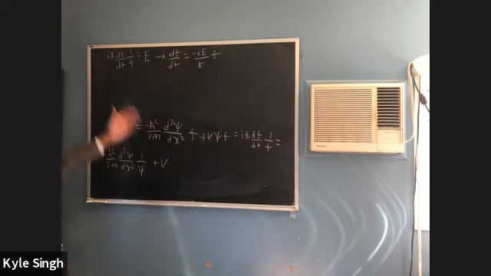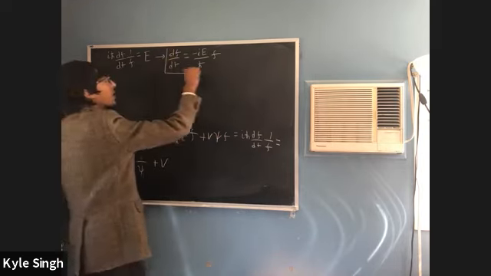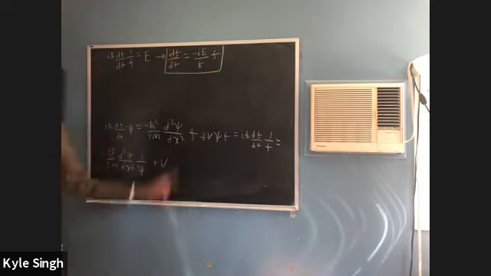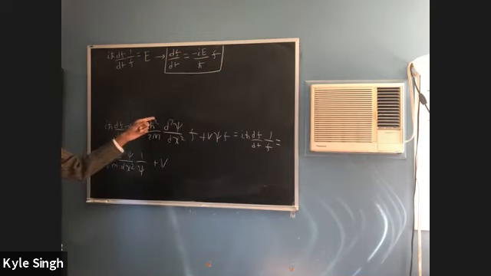Okay, so that's my first derived equation. This isn't the time-independent Schrödinger equation yet, because I have no psi here. This is just some arbitrary function.